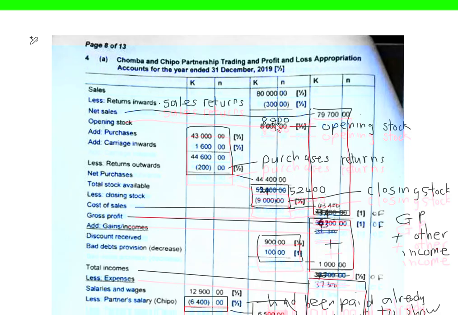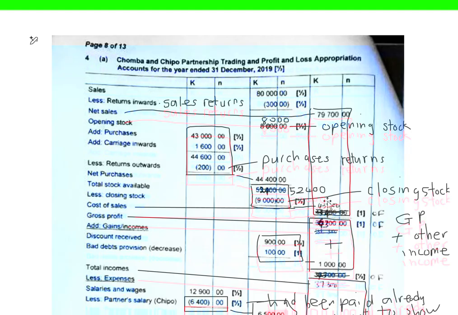So it was like this: 52,400, which is the 8,000 opening stock, plus the net purchases after these calculations were done, is 52,400. 52,400 minus the 9,000 is equal to the cost of sales, which is 43,400.